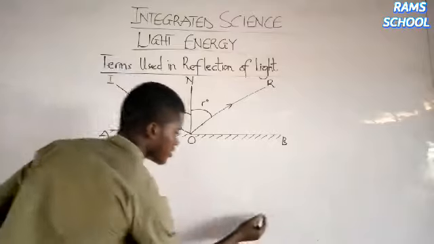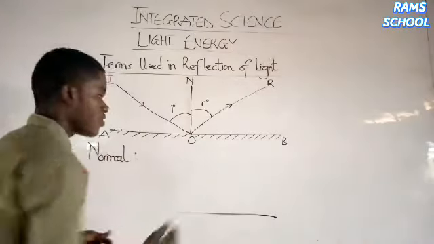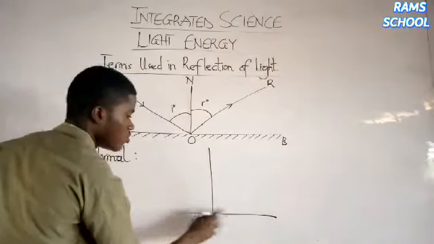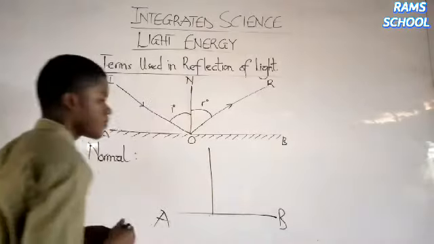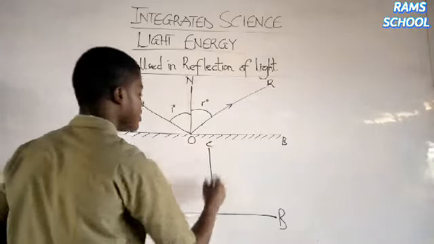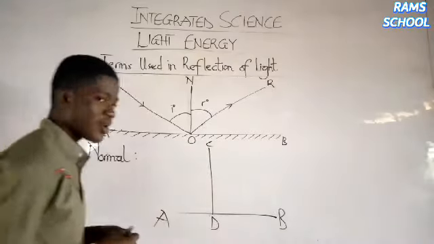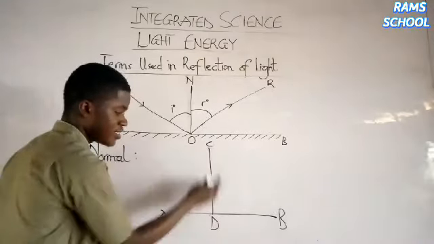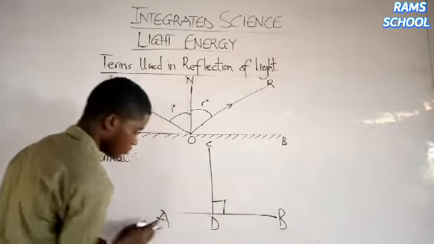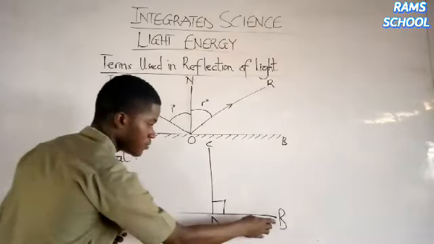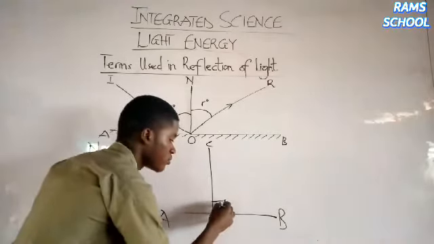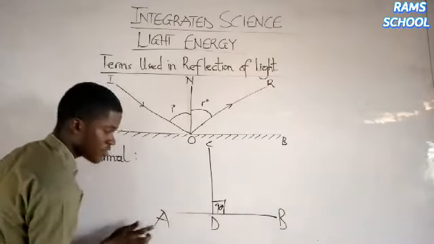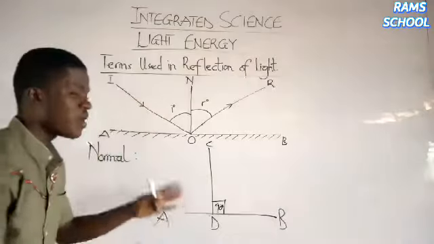Assuming this is my horizontal line, and I draw another vertical line, and I label the horizontal line as AB and the vertical line as CD, we are saying that line CD is perpendicular to line AB, meaning it makes an angle of 90 degrees to the surface AB. That's the meaning of perpendicular.